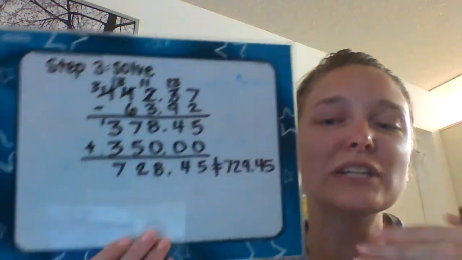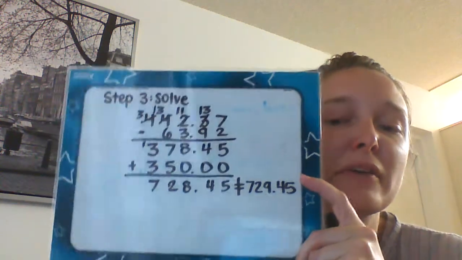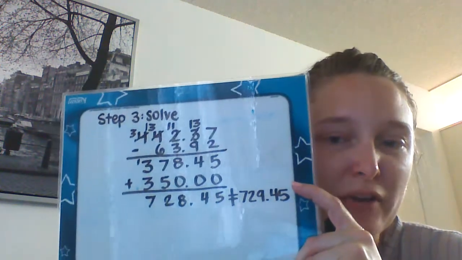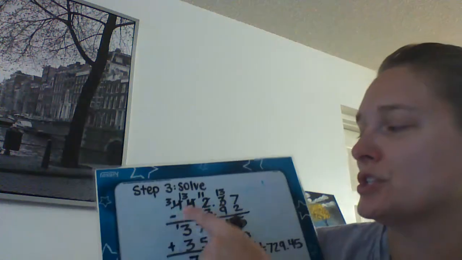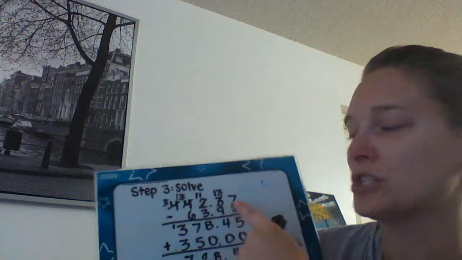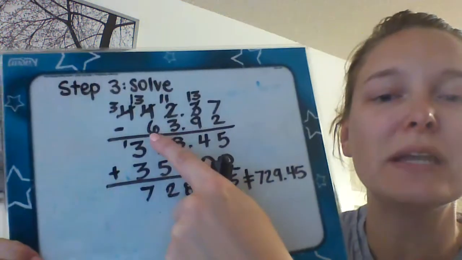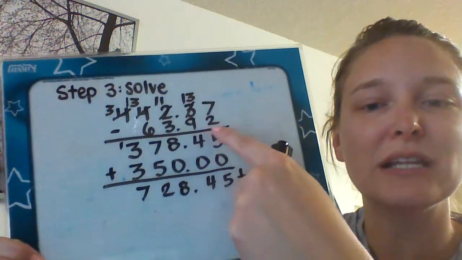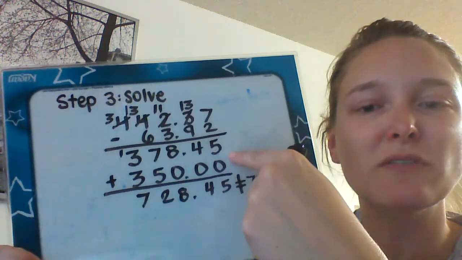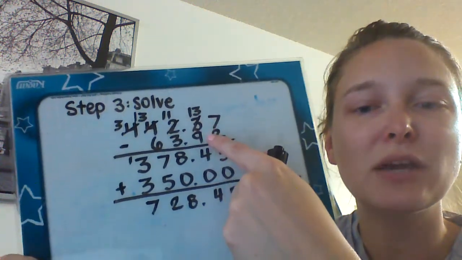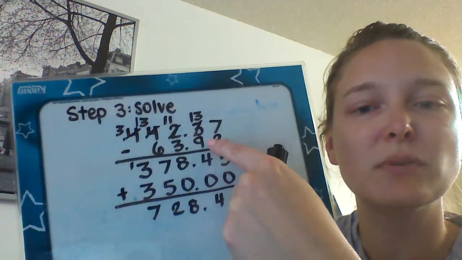I chose the strategy of lining up by place value to do my math. So the first thing is what she started with, $442.37, and she spent $63.92, so I've subtracted that. 7 take away 2 is 5. 3 take away 9, can't do it, so I have to borrow.